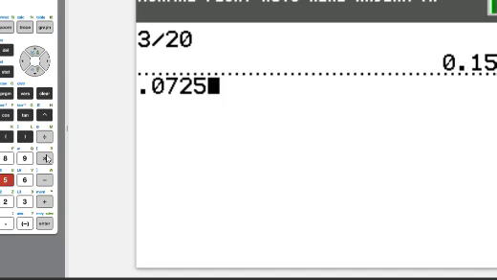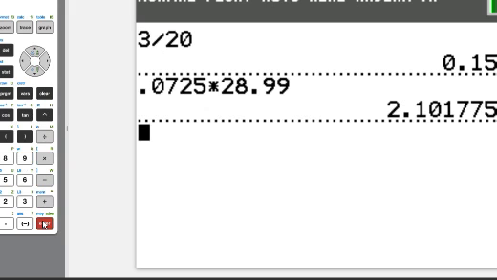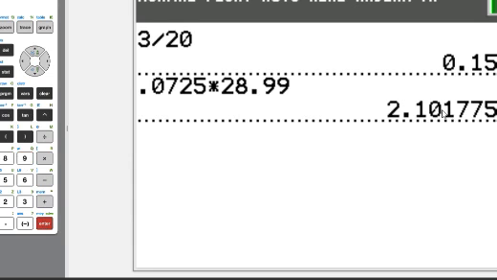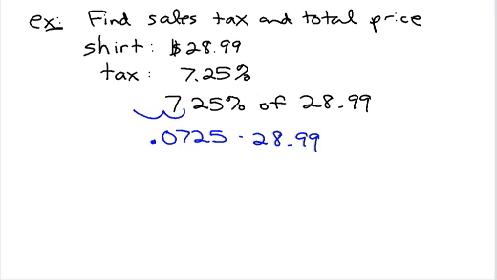0.0725 times our regular price, which is $28.99. That number, and by the way, we're going to round it to the nearest cent, would be $2.10. And that is the tax. Now, if they ask you for the final price, don't put $2.10. That's the tax.